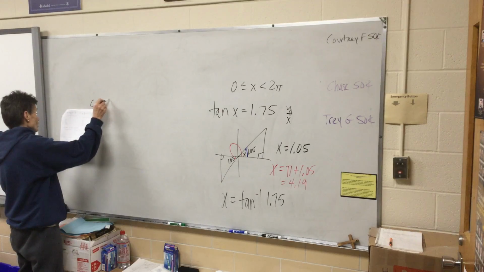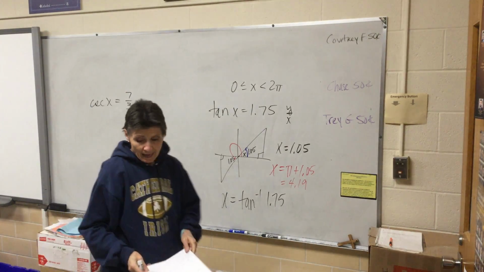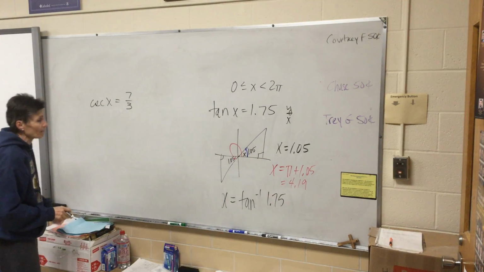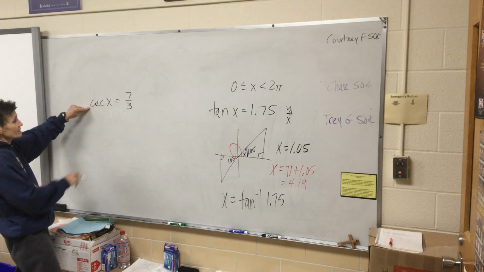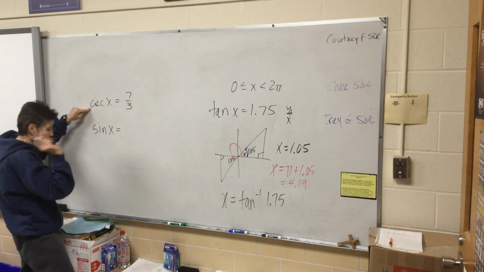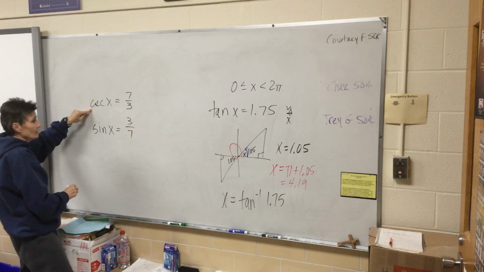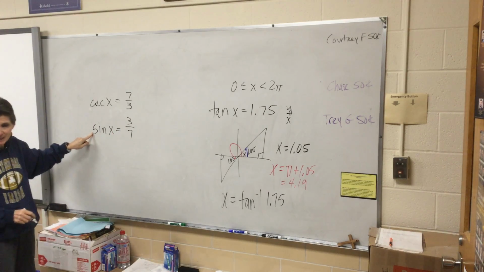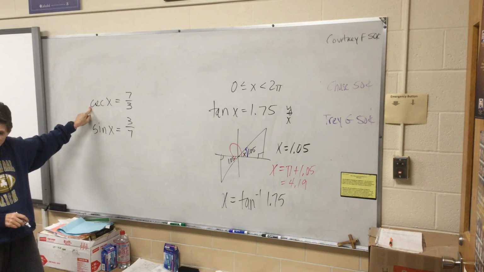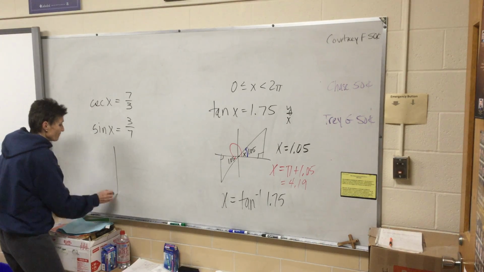All right, the next one says cosecant is 7/3. Now, you know, because you've done a lot of those fill-in-the-blank type problems, that if the cosecant is 7/3, the sine would be what? Yeah. So I prefer to think about it like this because I have a button on my calculator that'll do sines. I do not have a button on my calculator to do cosecants. So sine equals 3/7.